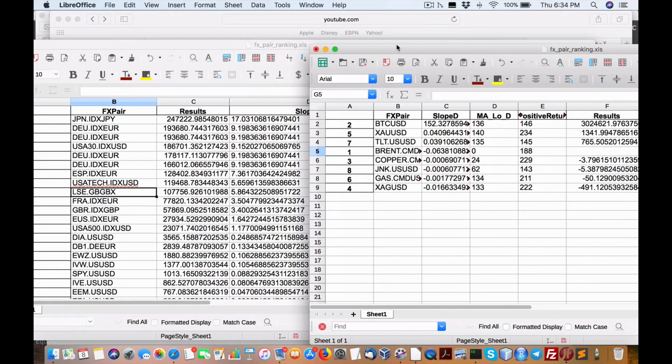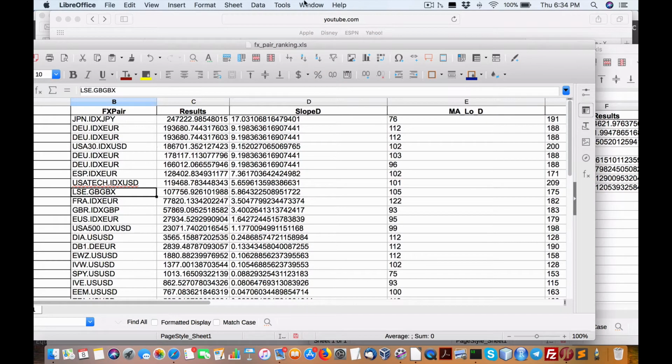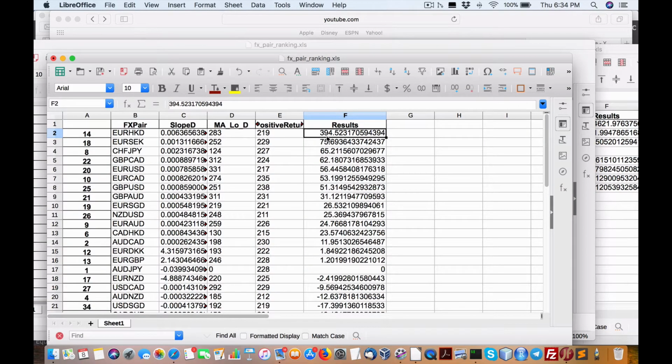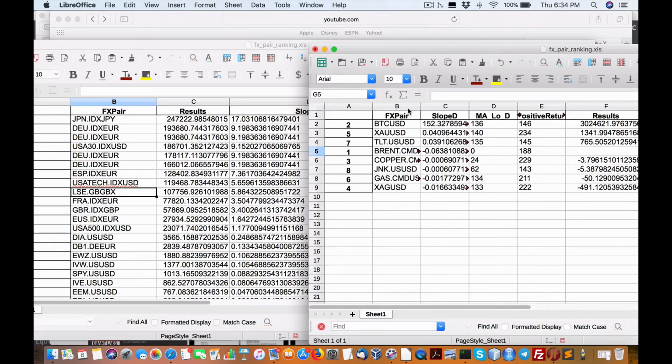So let's go through this and compare the numbers. Again, when you look at these results, you need to ask yourself, when you get the best performing Forex pair results of 394 versus these different asset classes, these commodities, or really CFDs, but we'll call them commodities.